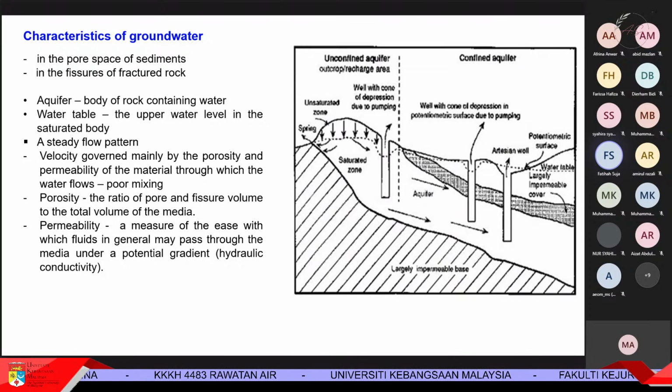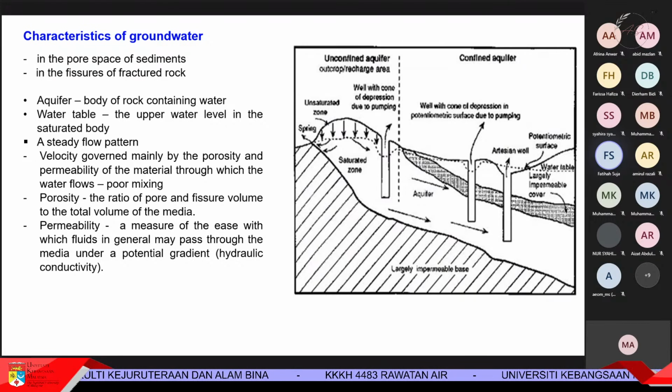Actually, groundwater, as I explained just now, is where the water is held in the pore space of sediments, such as sands or gravels, or in the fissures of fractured rock, such as crystalline rock and limestone.